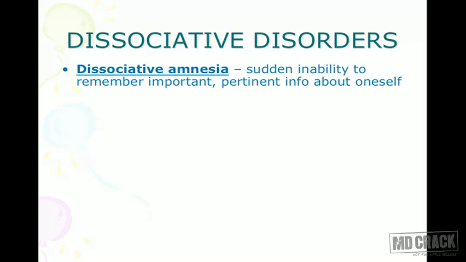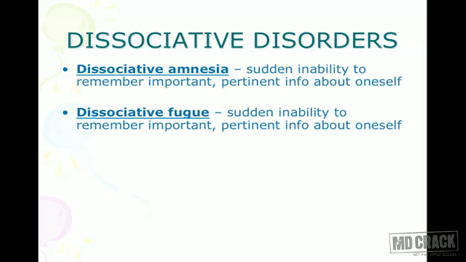Dissociative amnesia: in this there is sudden inability to remember important pertinent information about oneself. It's sudden, it's temporary memory loss, and what is lost is some important pertinent information about oneself. That's called dissociative amnesia.